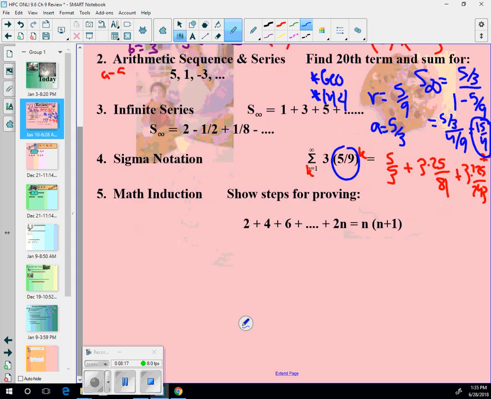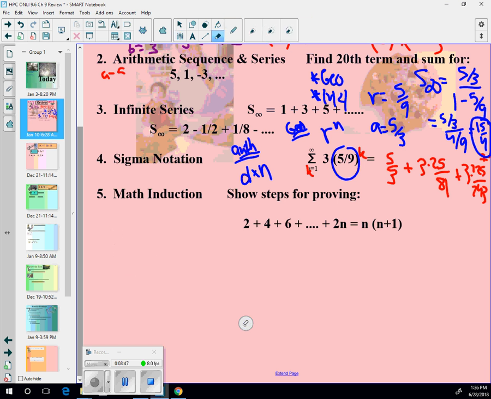Couple comments about sigma. Make sure that if you're looking at geometric, it's r to the n. If you're looking at arithmetic, then it's going to be difference times n in your formula. And then we've talked about proving by math induction.